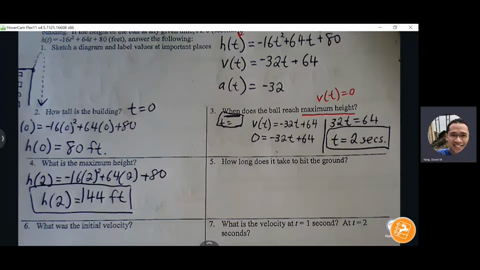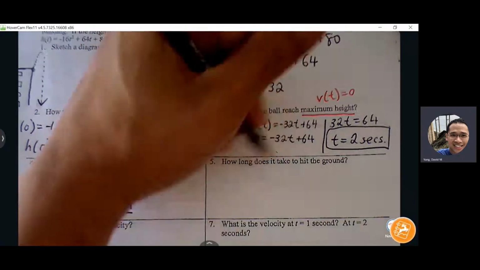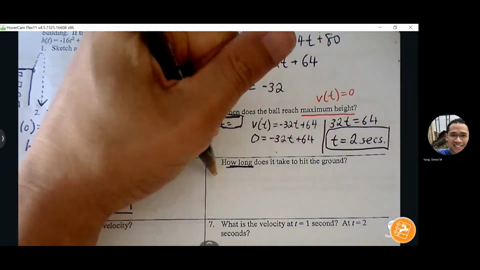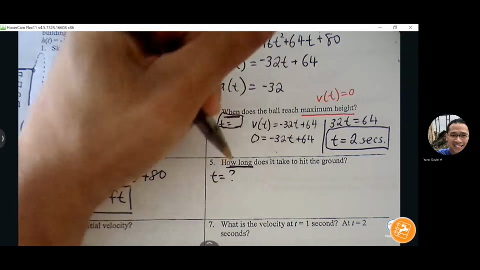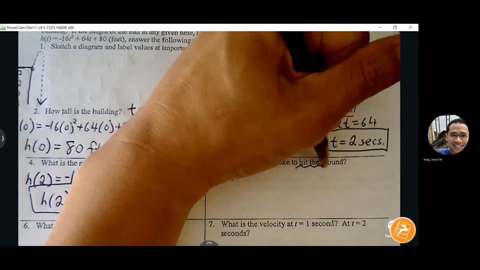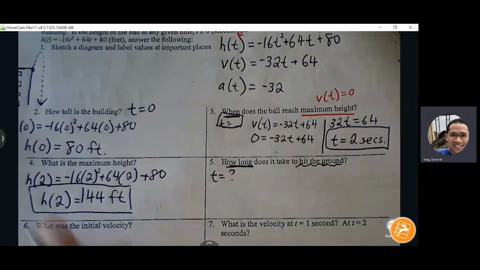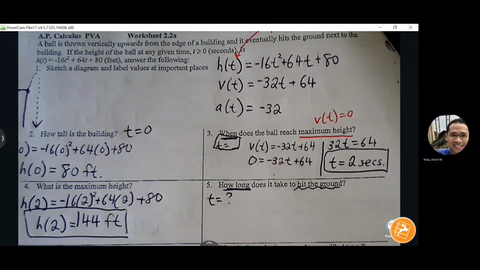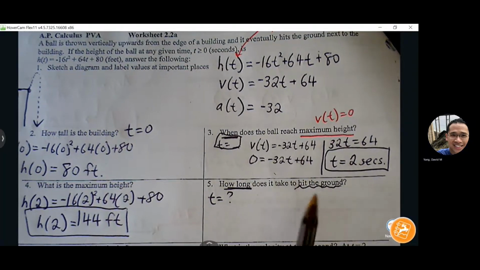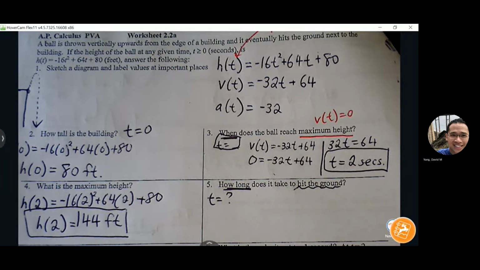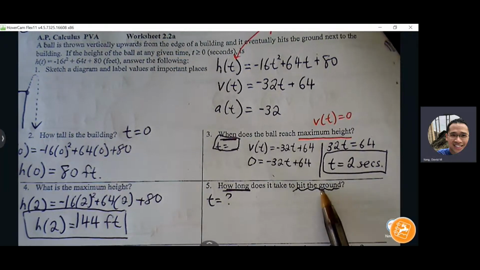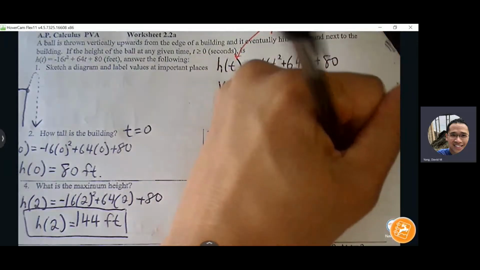Okay. Number 5, how long does it take for the ball to hit the ground? So what are we looking for? Time, okay. For it to hit the ground. So can you correlate that with a specific value? When you're on the ground, what's the height? 0. Okay, so we can think of it that way, right?